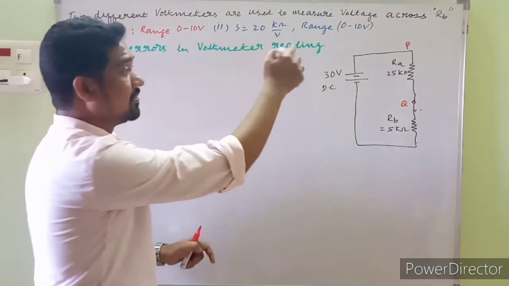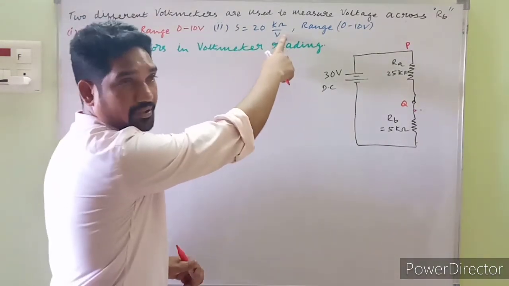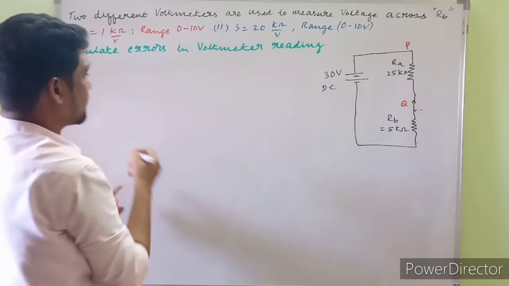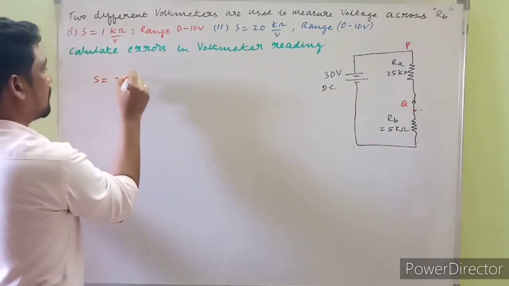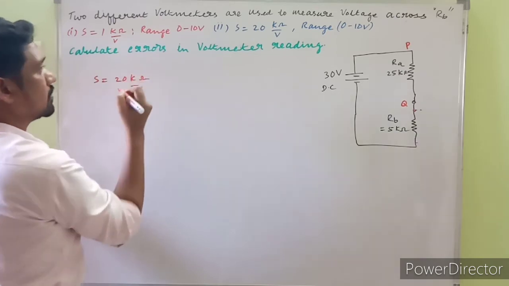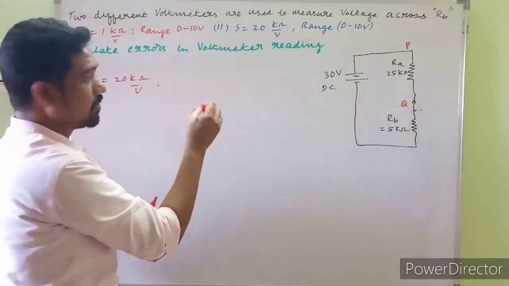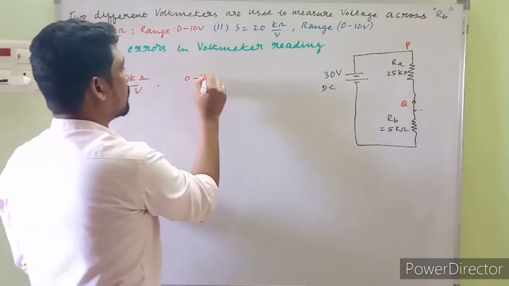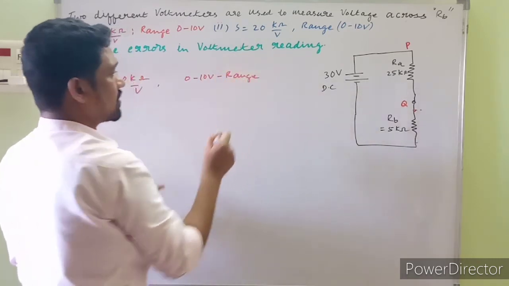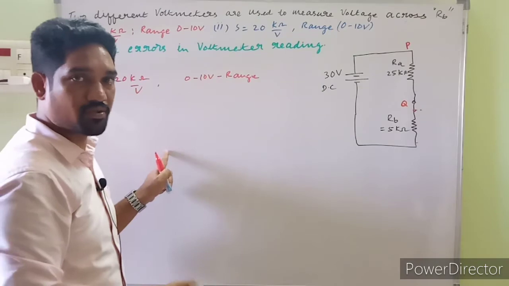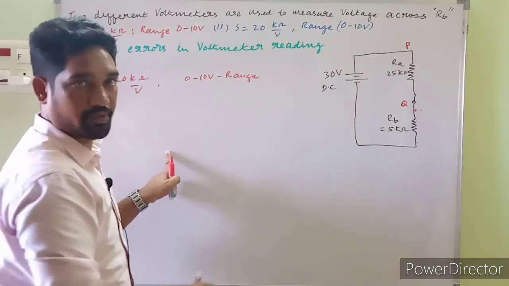Now considering the second voltmeter, the specification is given: sensitivity S is 20 kilo ohm per volt, and the range is again 0 to 10 volts. Once again we need to evaluate the internal resistance of the second meter before we proceed with the problem.